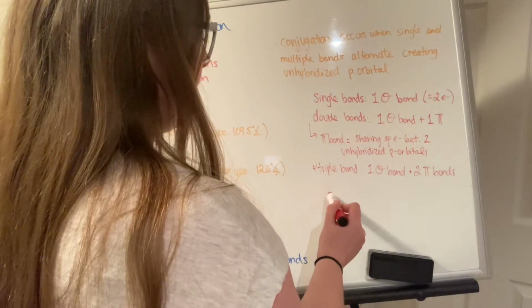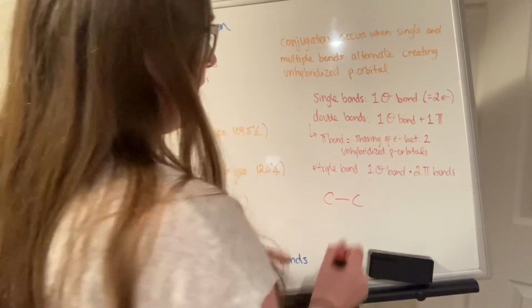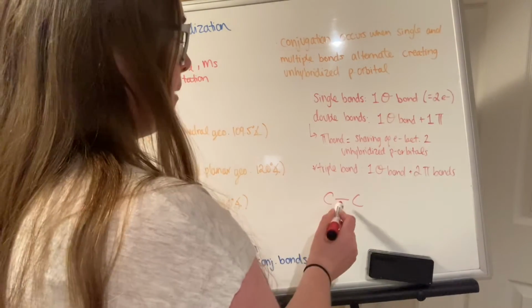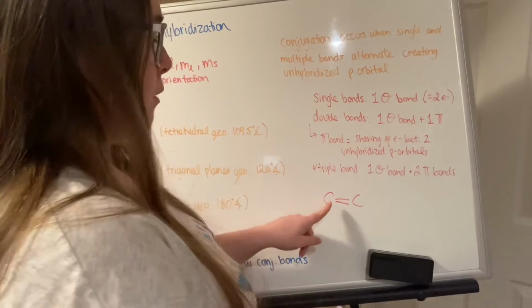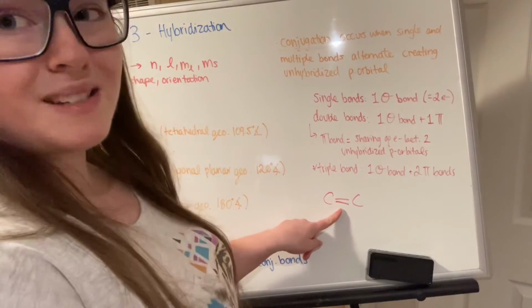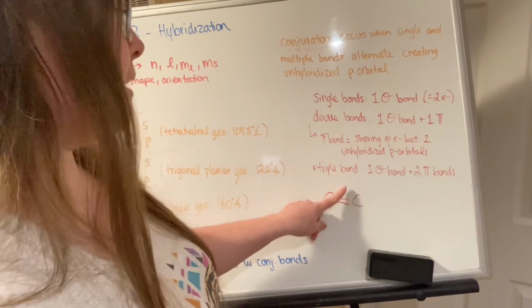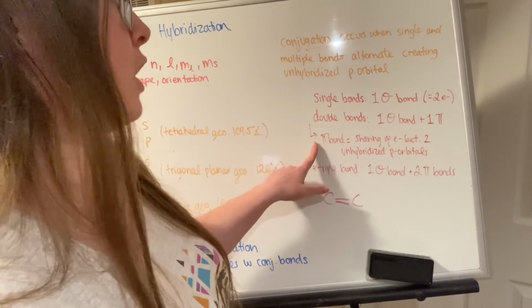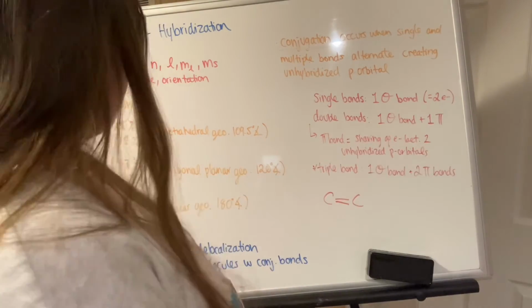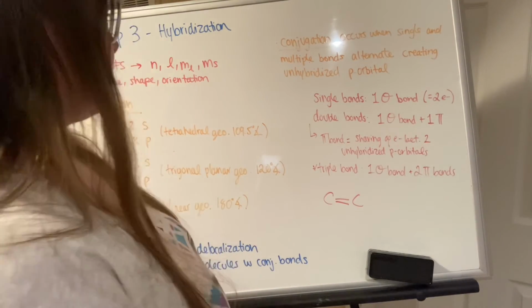So a single bond is 1 sigma bond. If you have a double bond, one of these bonds is the sigma bond and the other one is a pi bond, and this pi bond is the sharing of electrons between 2 unhybridized p orbitals.